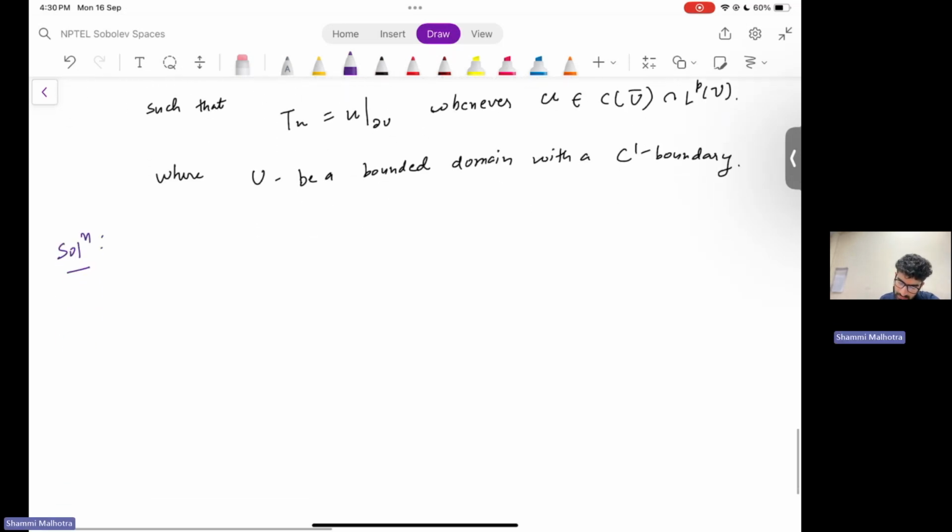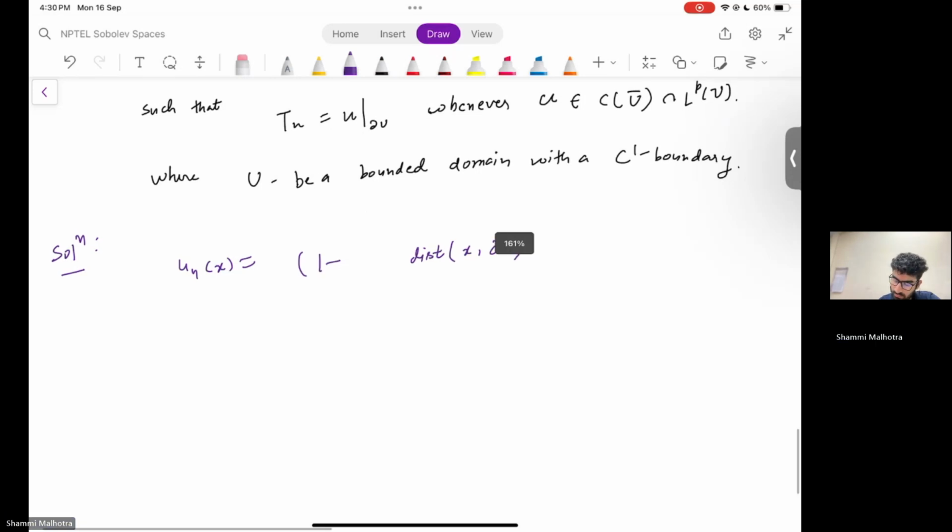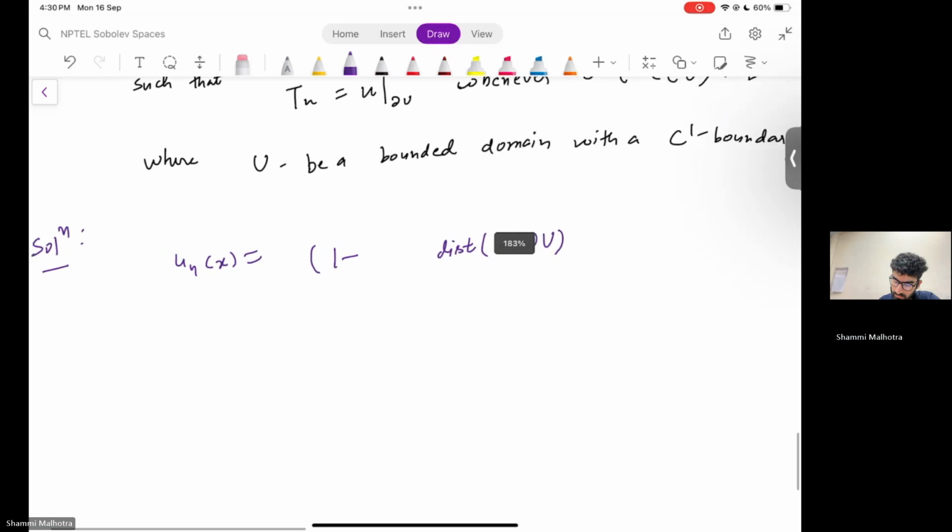We consider this sequence of functions u_n(x) to be 1 minus n times the distance of x from the boundary of U, and then I take the positive part.